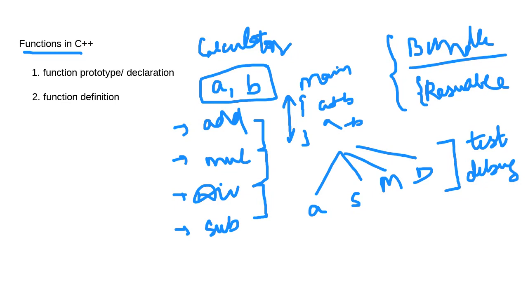And the third one is the function call. So whenever I talk about a function, these are the three mandatory things that I have to write down: function declaration, function definition, and function call.